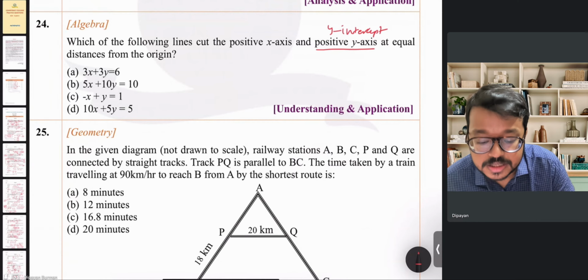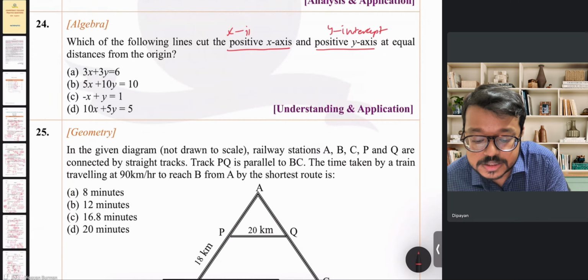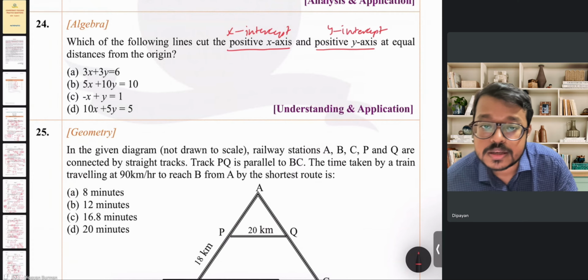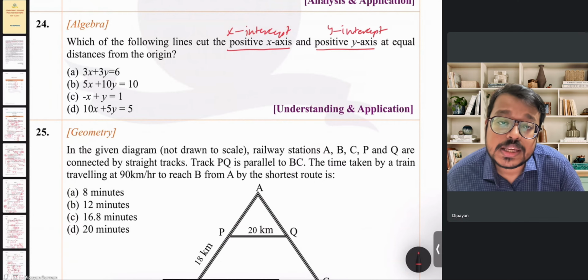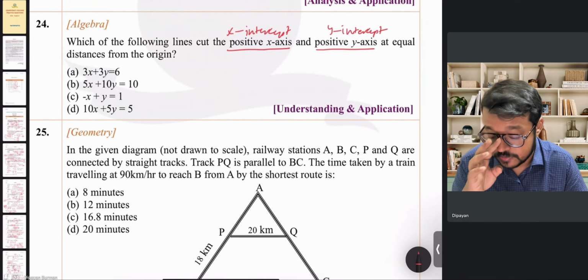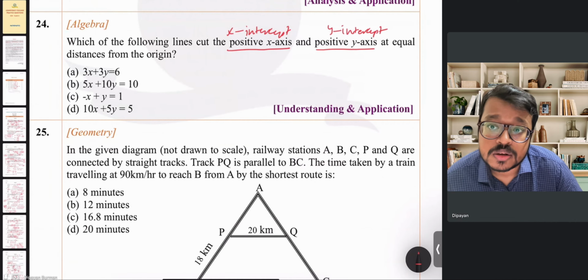And they're saying that even the x-intercept is the same as the y-intercept. And in our question, we need to look at a line where both the intercepts are equal and they are positive.